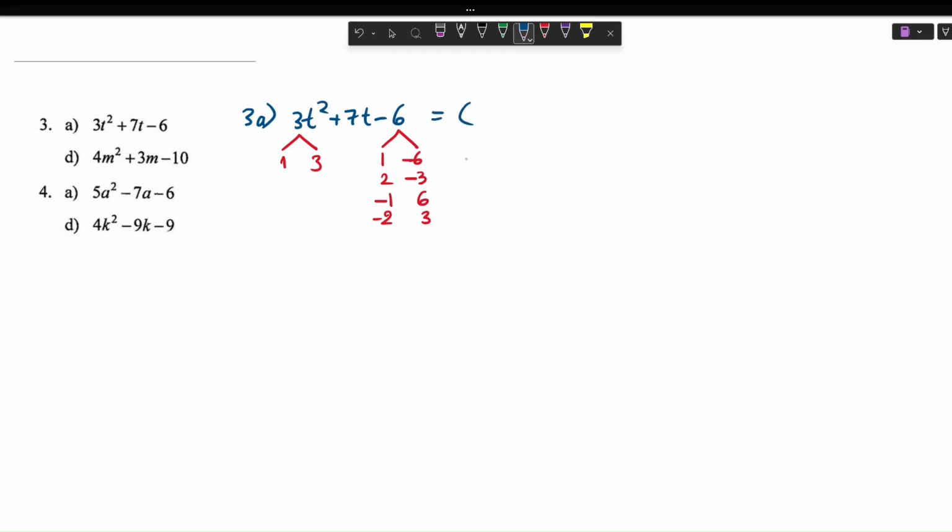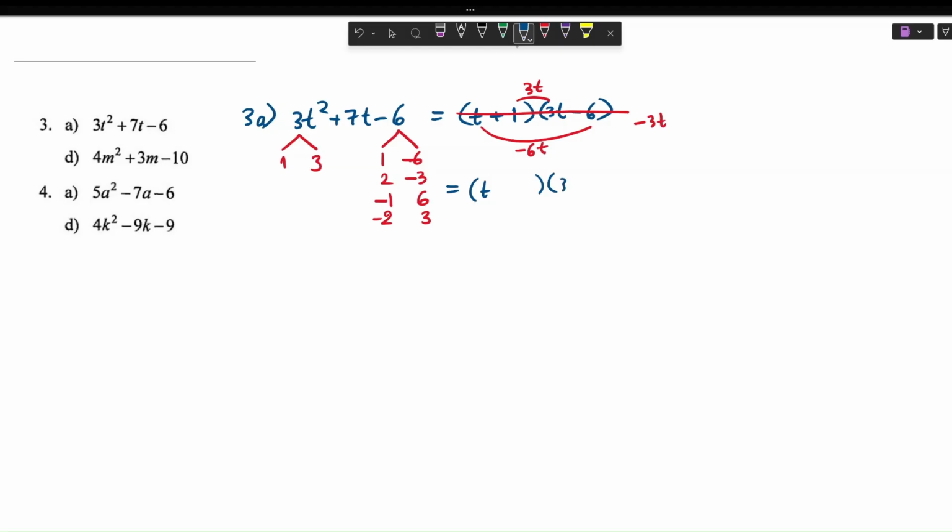So now let's start guessing and checking. We have t and 3t. And let's try out 1 and negative 6. So we're going to check the middle term now. This is 3t. This product is negative 6t. That is negative 3t. So that's actually not what we wanted. If you switch the signs to negative 1 and 6, it just gives you positive 3t, so that's also not what you want.